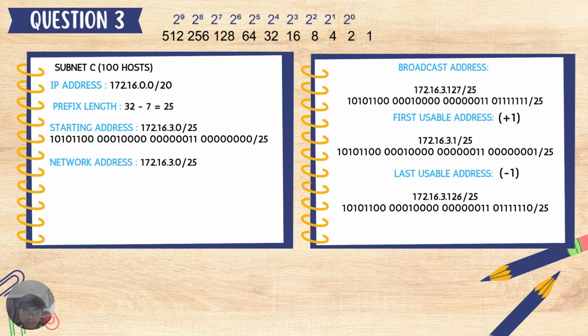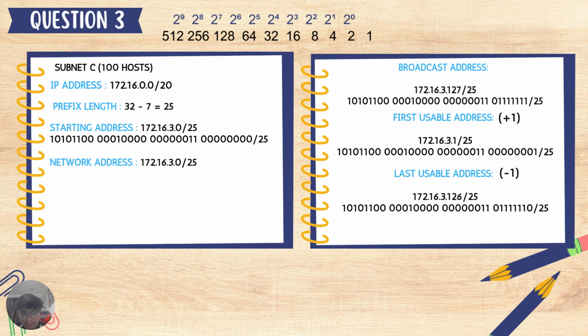We use 25 as the prefix length for subnet C. To find the starting address and the network address, you need to add the prefix length behind, so as you can see, 172.16.3.0/25. The network address is basically the same as the starting address.